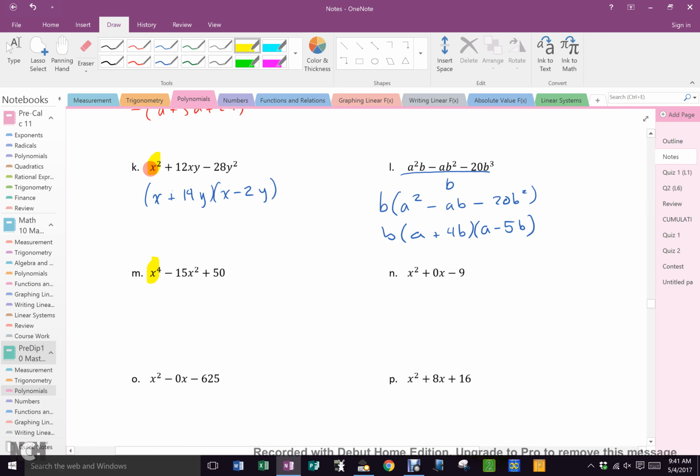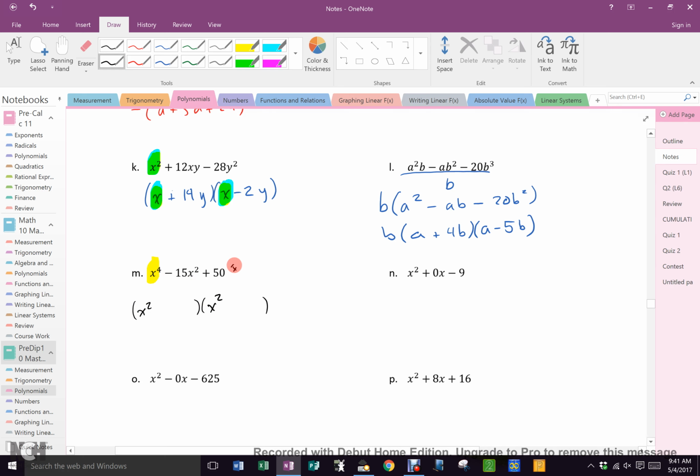What did you do with x squared to get those two? The green ones, what did you do? You squared it, right? You took the square root of the first term, correct? Okay, so do you think that will work here? What is the square root of x to the 4th? X squared, because x squared times x squared is x to the 4th, isn't it?